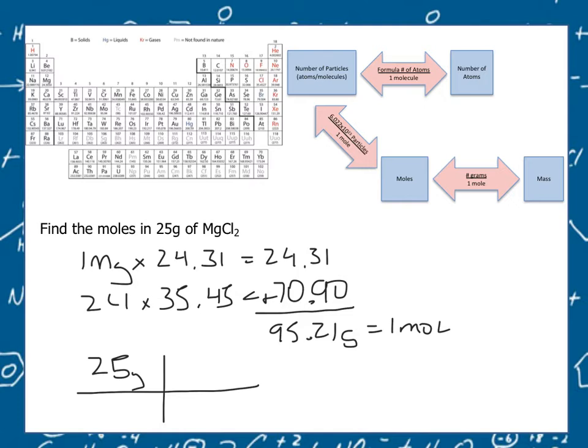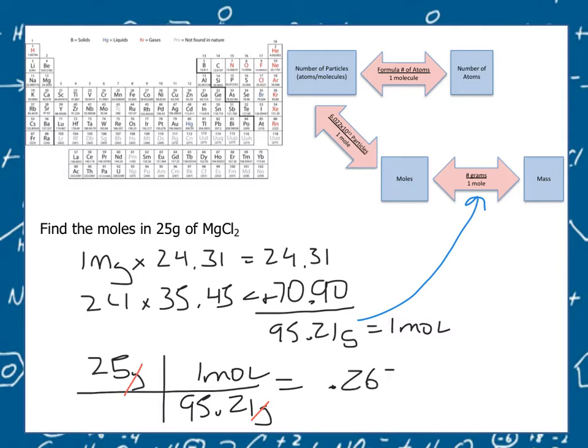This mass is now going to go wherever you need it in this step. So I have 25 grams, so I'm going to put the grams number on the bottom and 1 mole on the top so that I can cancel my grams. It leaves me with moles, so I'm ready to calculate. I'm going to do 25 divided by 95.21, and I'm going to get 0.263 moles.